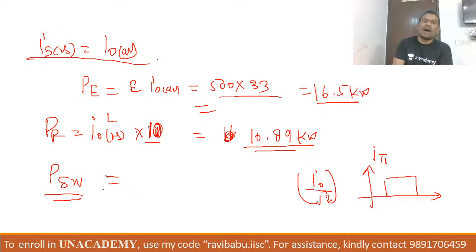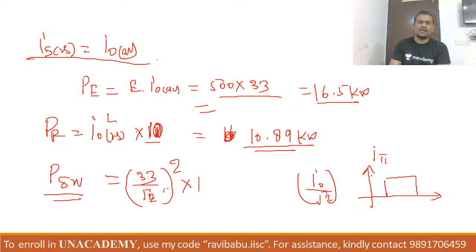So what will be the power loss in this SCR-T1? It is nothing but 33 by root 2, 33 by root 2 whole square into 1. Yes beta, very nice. So 33 by root 2 square into 4.